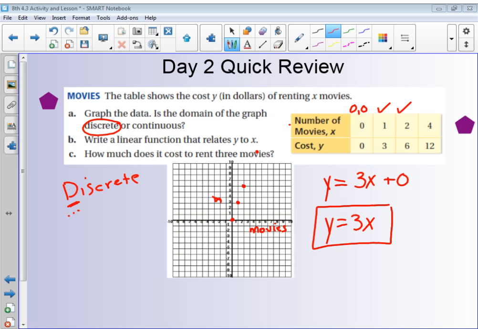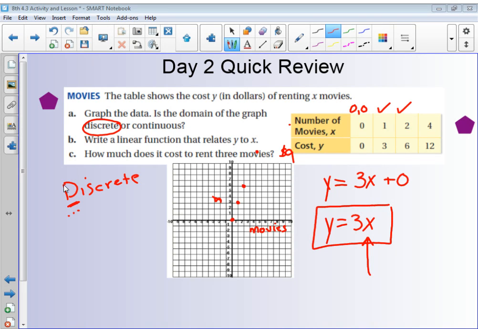Okay, so the next part says, how much does it cost to rent 3 movies? So we're going to go ahead and substitute in 3. And a lot of you, common sense, without even substituting in, have probably figured out the pattern. I paid 3, I paid 6, now I'm going to pay $9. So we would pay $9 to rent 3 movies.